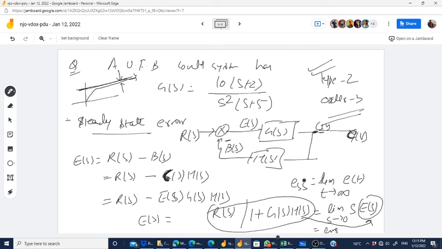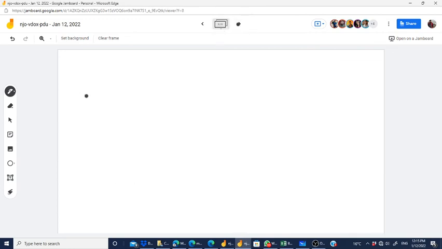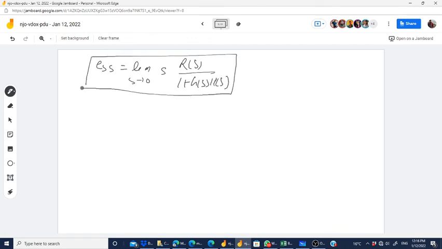So ESS is nothing but the limit s tends to 0 of s into R(s) upon 1 plus G(s)H(s). We will use this equation in the PID controller and another. Right? Any doubt? If you have any query, you may ask. Otherwise, I will proceed further.